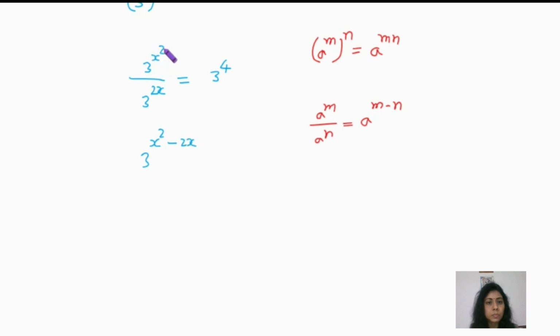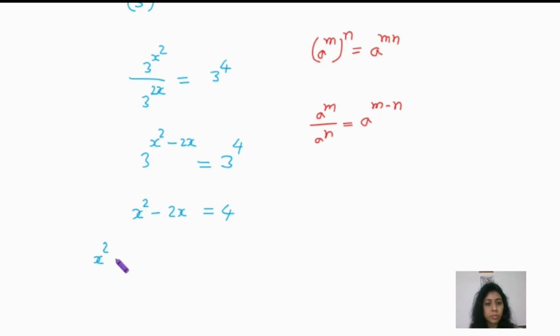This power and this power are subtracted, and this is 3 to the power 4. So here the powers are equal because the bases are the same, so the powers are also the same. So x squared minus 2x equals 4.